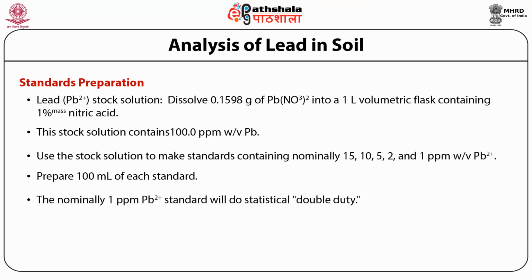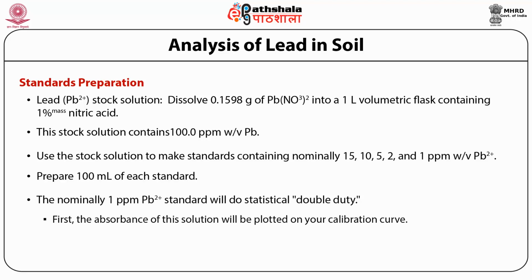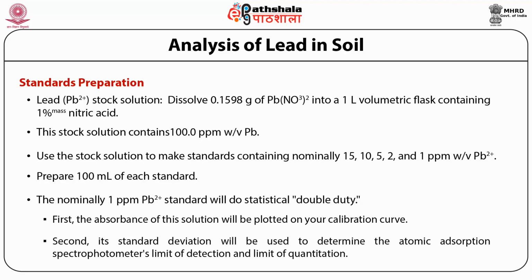1 part per million lead is usually used as a standard for 2 reasons. One, the absorbance of this solution will be plotted on a calibration curve, and second, its standard deviation will be used to determine the atomic absorption spectrometer's limits of detection and quantitation.